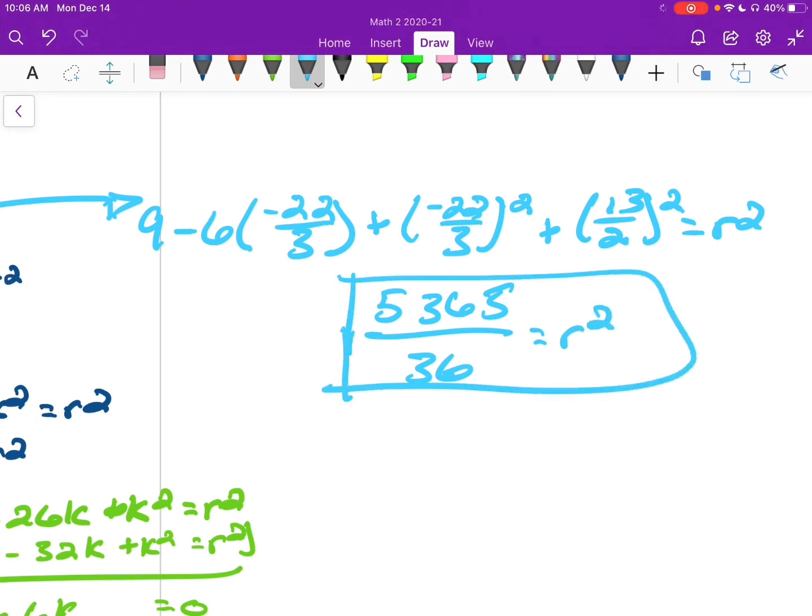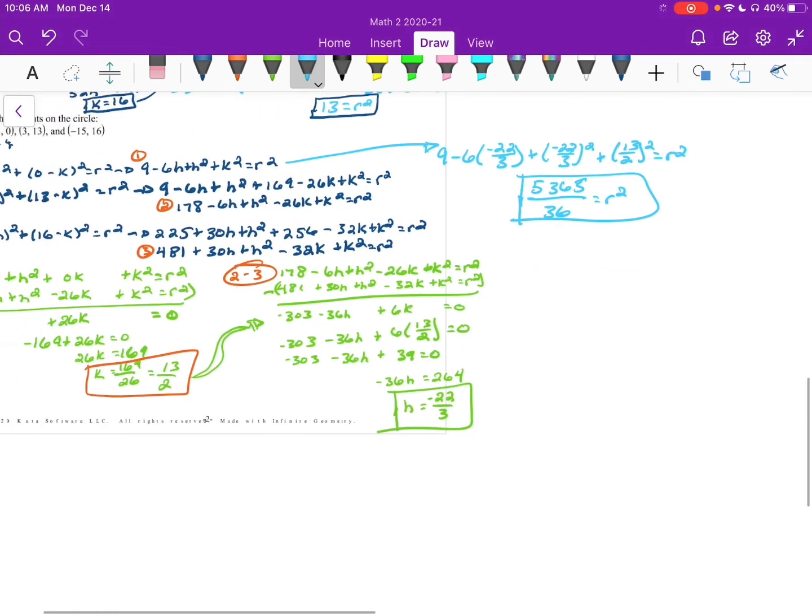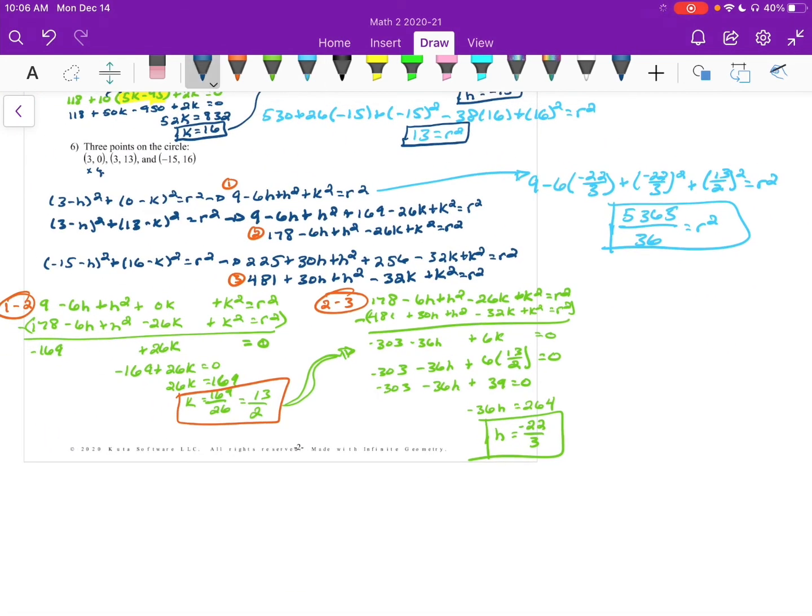There's my r squared. All right, wrapping it all up, I just need to write it all in one equation. I'll have x minus 13, nope, the 13 halves goes with the y. K goes with y, here I'm just going to write that. That's y, that goes with the x.